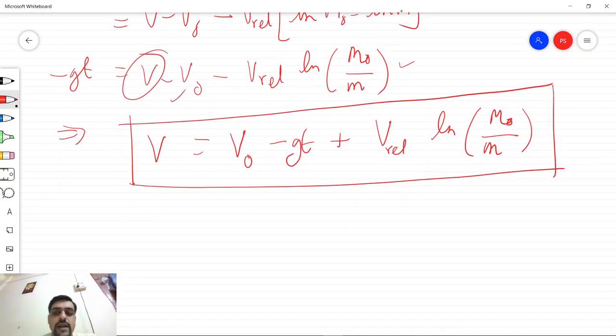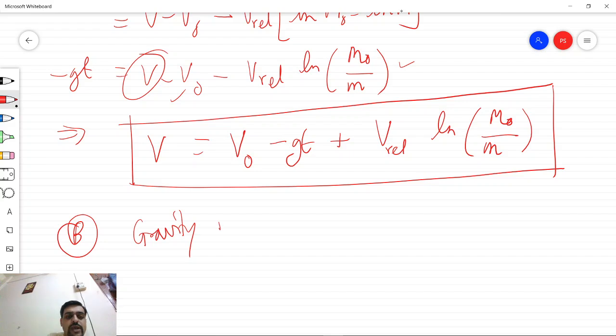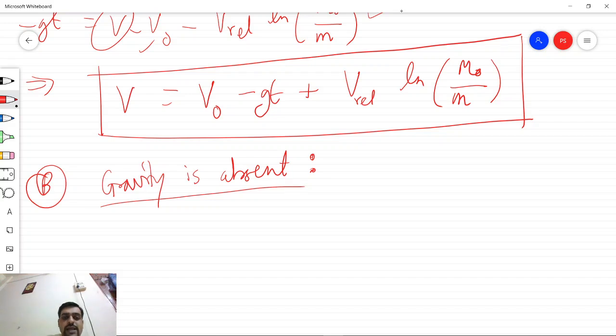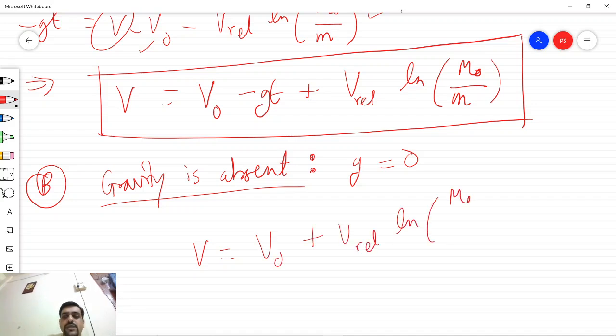If we consider the special case where gravity is absent, so the rocket is moving in free space. This happens when the rocket goes very far away from any planet, at least in principle. So when gravity is absent, g is now 0. So v is just equal to v0 plus v relative log of m0 upon m.